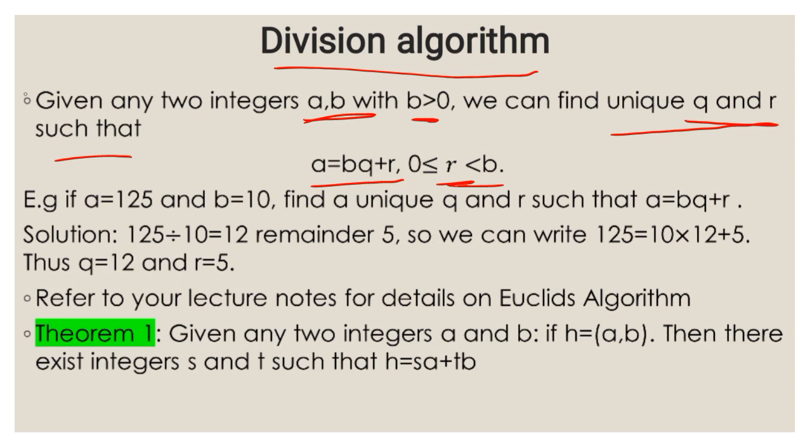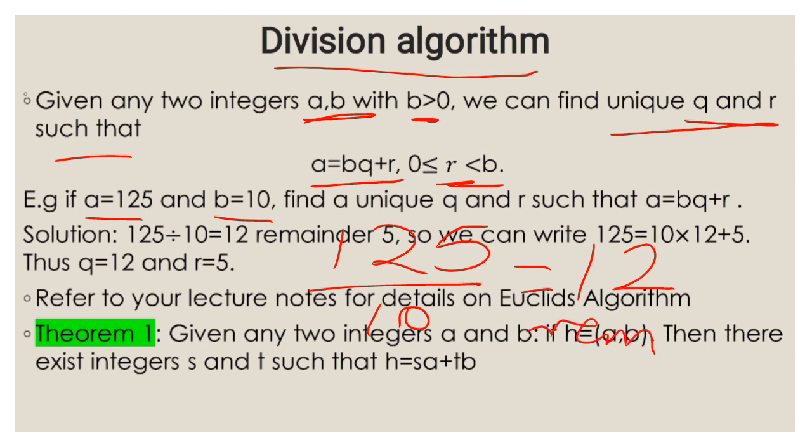For example, if a were to be 125 and b were to be 10, if I take 125 and divide by 10, how many times would 10 go into 125? Definitely you will say it will go 12 times. And what will be your remainder? The remainder will be 5. Is that true?